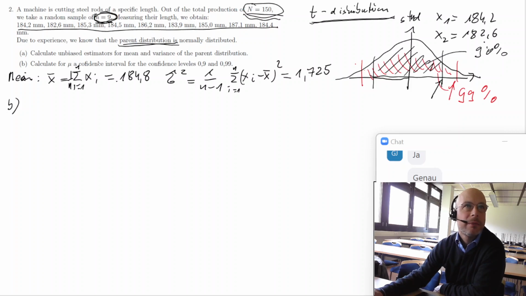Oh, sorry, we have to look it up in our tables, of course, because we are in the t-distribution. So we really need our table. Where do I have the tables?